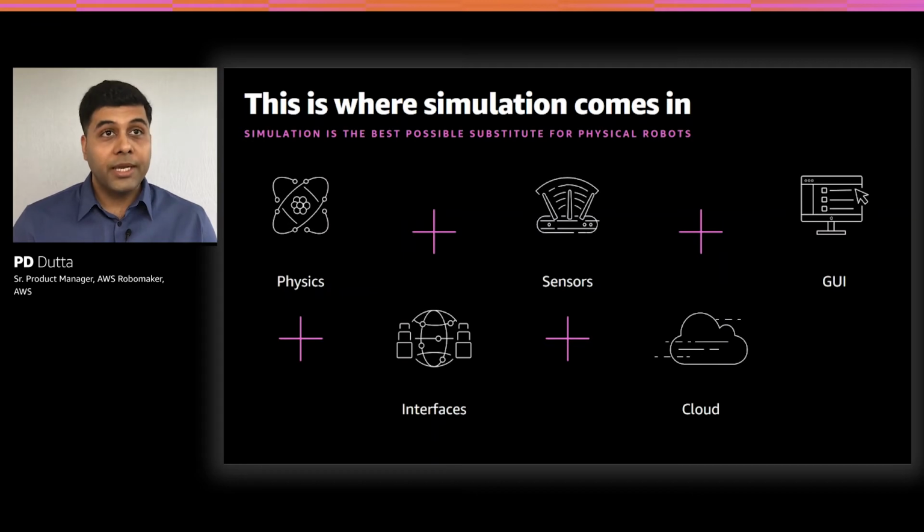You can also make predictions about the behavior of the system by changing the variables in simulation. Plus, you can run it on the cloud where you don't have to manage the infrastructure. By testing in the simulated ecosystem, customers can iterate on designs quickly, fine-tune their robotics applications before they actually deploy it to physical hardware or physical robots. So in other words, simulation is the best possible substitute for physical robots.